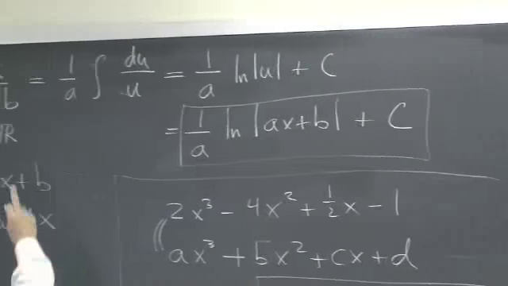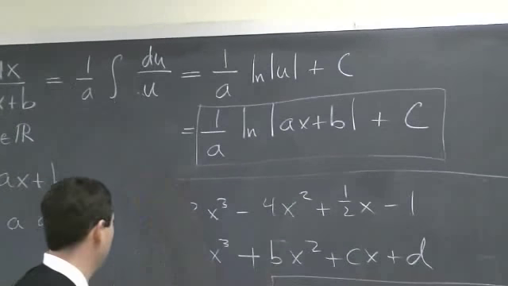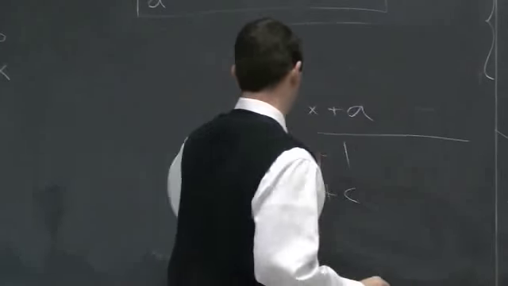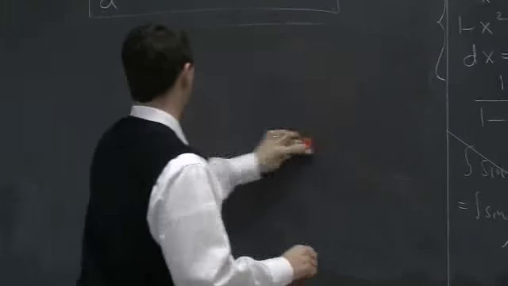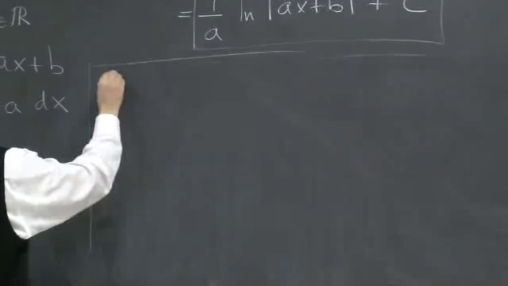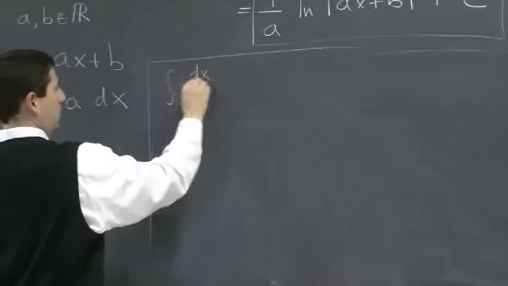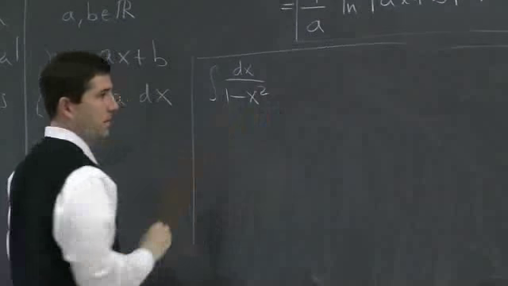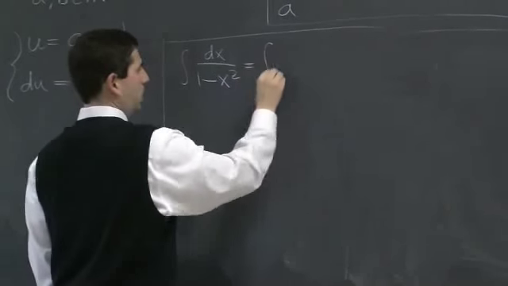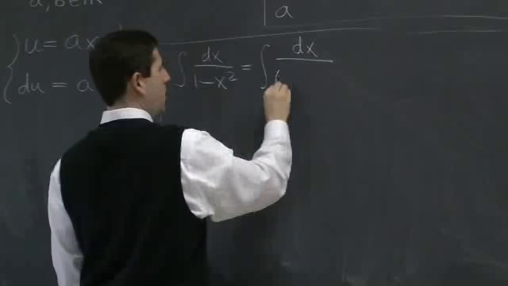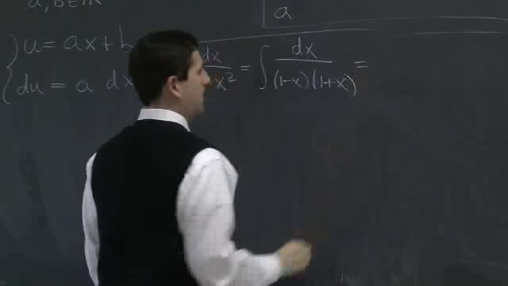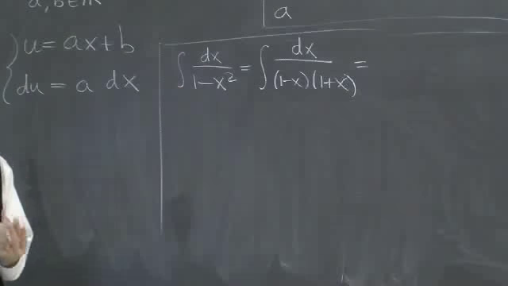So let me leave this formula up here for right now. We wanted to integrate dx over 1 minus x squared. And we just saw that if we rewrite this as 1 minus x times 1 plus x, we can break this up into two different integrals.